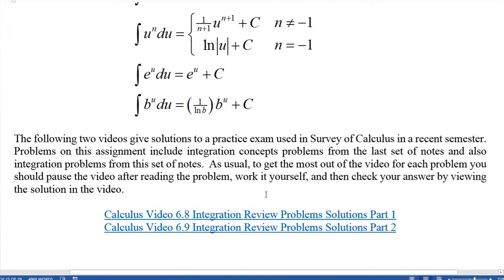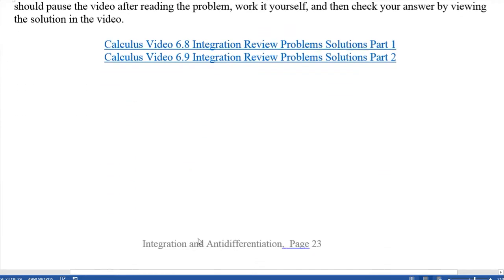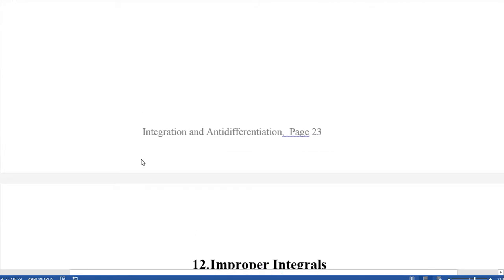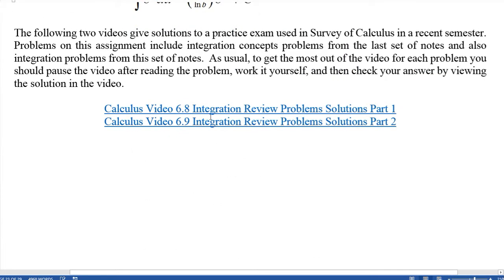First little taste of that, a little preview, as we look at those two videos that are coming up. After that, we'll come back and we'll talk about a topic called improper integrals. There might even be an improper integral in one of these videos here as well. So in a way, these might be a little bit misplaced, but let's go ahead and watch them next, and then you can come back to them if you need to.